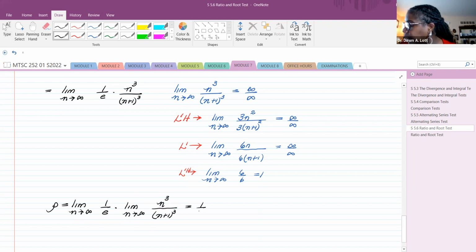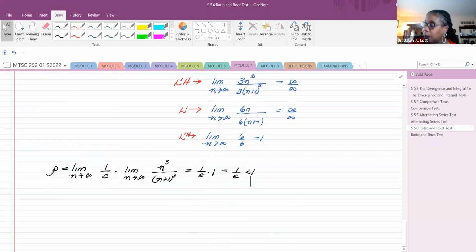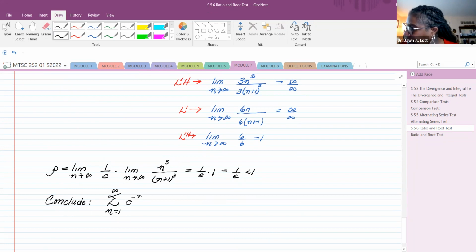So that is 1/e times 1, which is 1/e, which is less than 1. So we can conclude the sum n equals 1 to infinity of e to the negative n times n cubed converges absolutely.